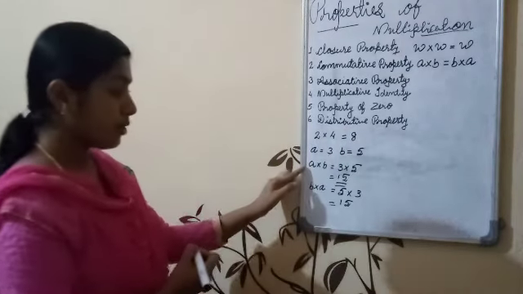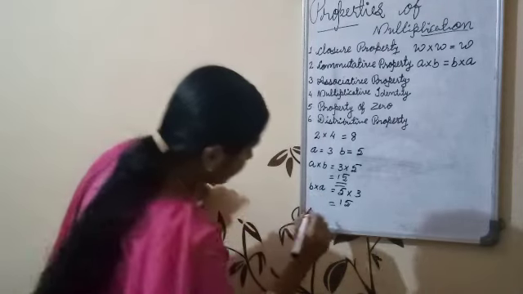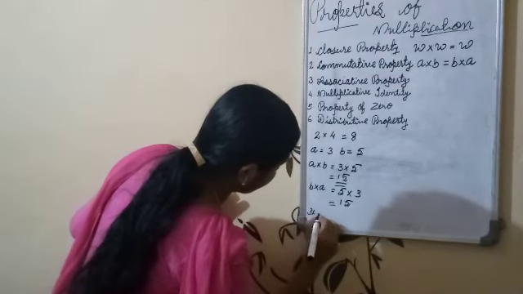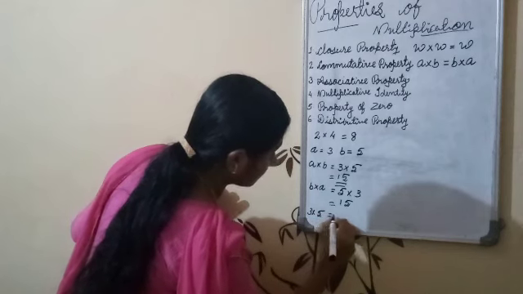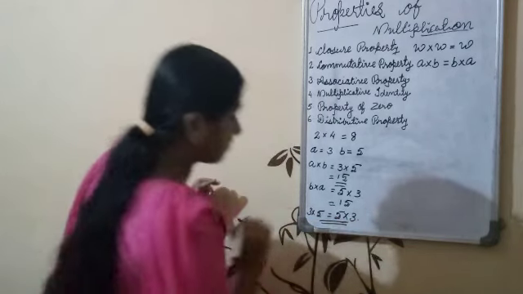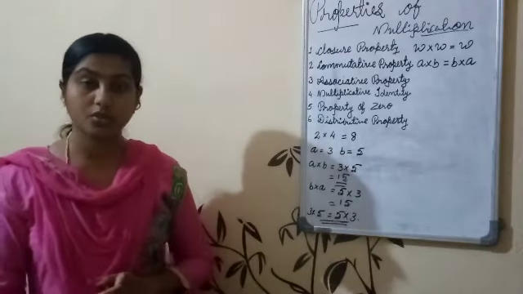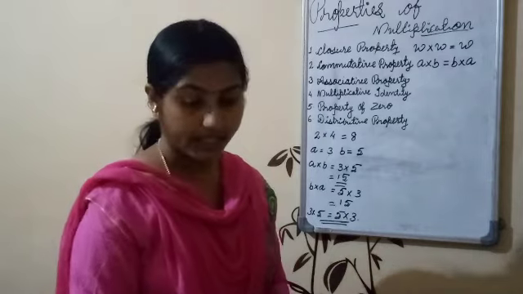Here a into b equal to b into a. That means 3 into 5 equal to 5 into 3. Okay, commutative property, a into b equal to b into a.